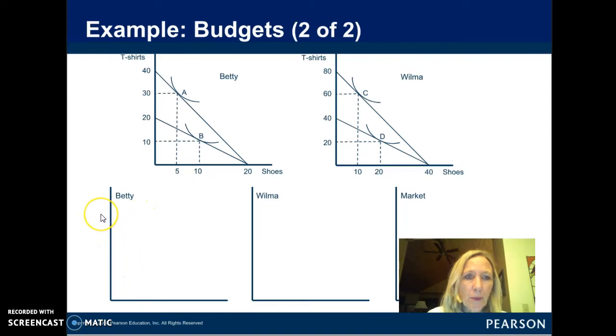On this axis, we would put the price, and on this axis, we would put the quantity. In this example, you have the same thing. You have her purchasing 10 t-shirts and 10 pairs of shoes to fit her budget, and that also meets her utility. Wilma can afford more.